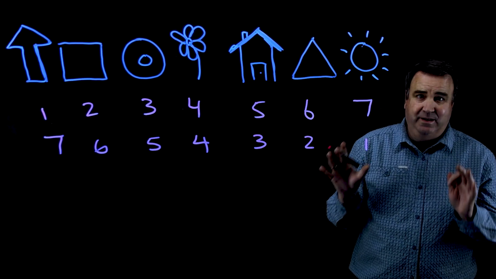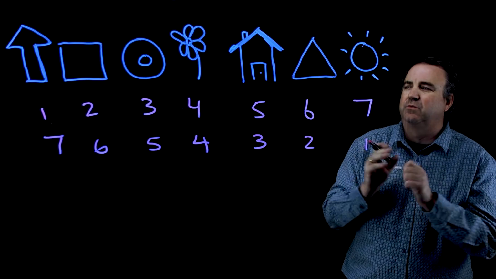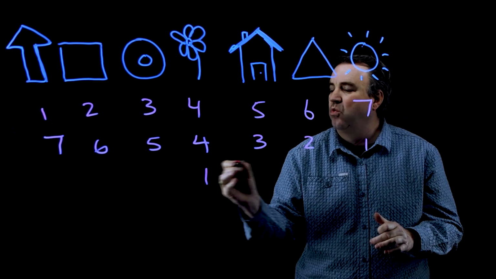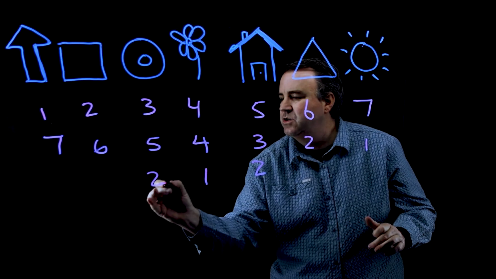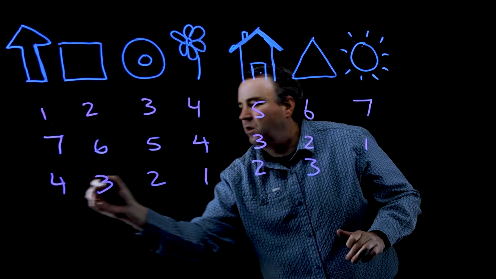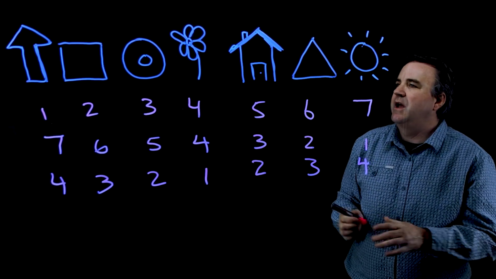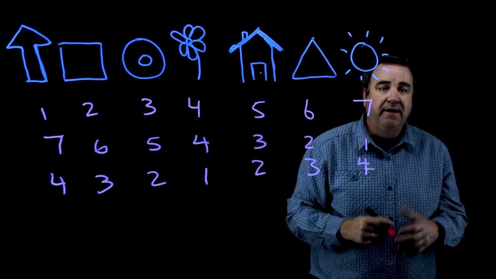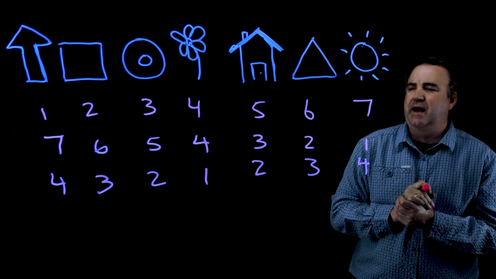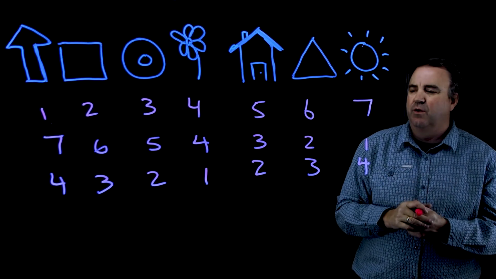But what really makes this interesting is that we are going to add one more column, and this is probably the key thing that makes this really work. I'm going to go 1, 2, and 2, 3, and 3, 4, and 4. Now both myself and my friend have to remember what question we are on.